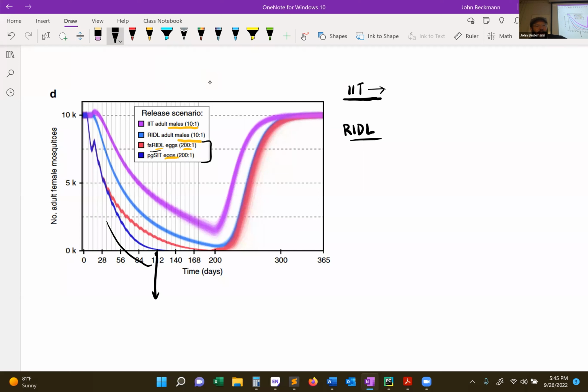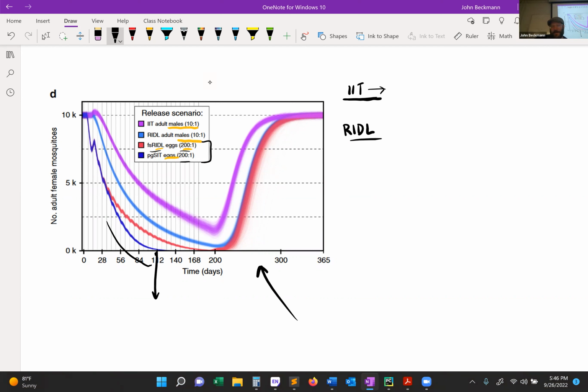And is that comparable to the 10 to 1 ratio? Or is that as if you're releasing 50 to 1? In that case, there are some scenarios where that would help them, right? Because then they can say you get more bang for your buck if you're releasing eggs. But in terms of this model and this figure, I do wonder if they just picked that number because it pushed their thing down.